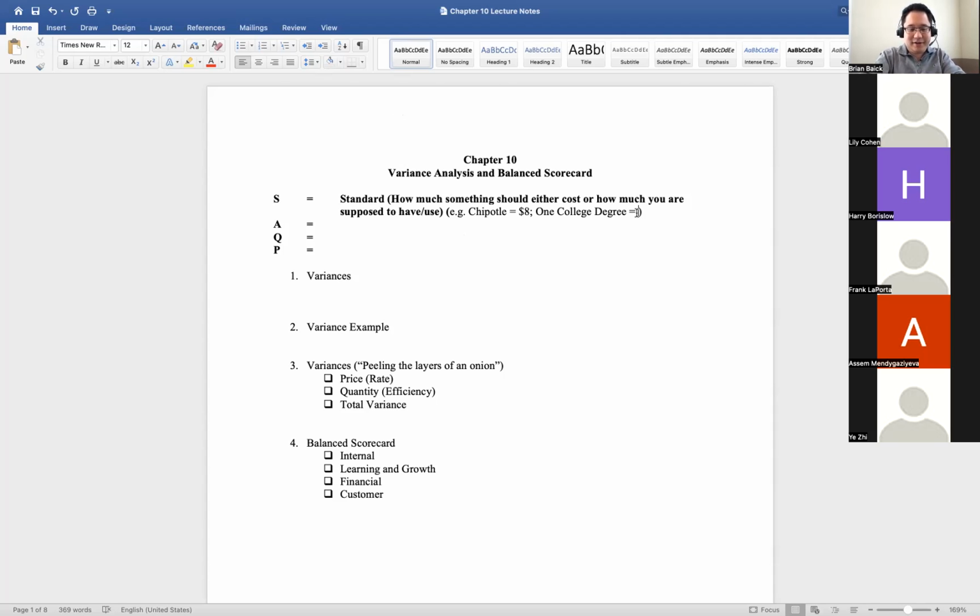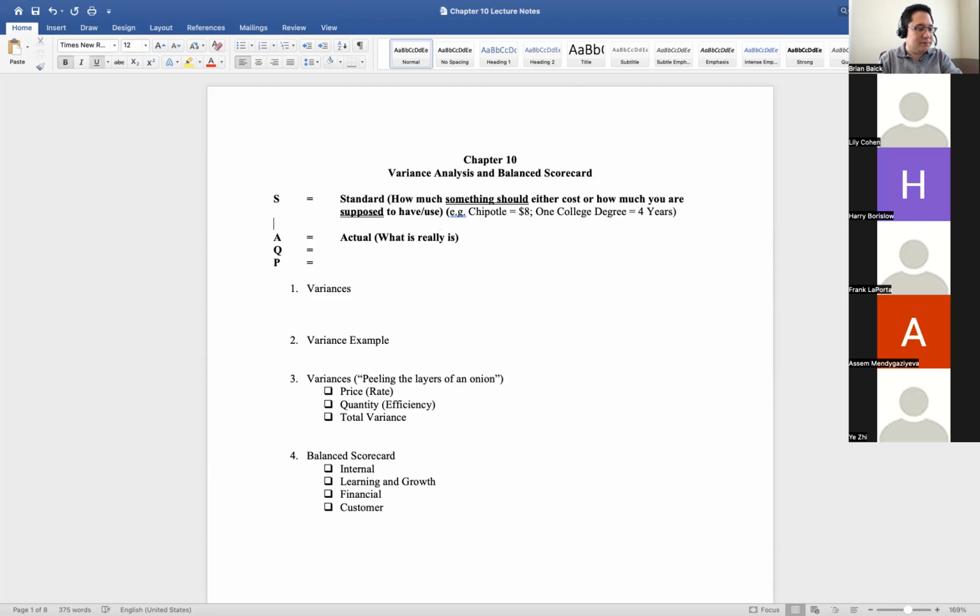So standard means how much something is supposed to be, how much something should cost, or how much of something you're supposed to have or use. Standard means supposed to. Actual, that's A. Actual means what it really is.